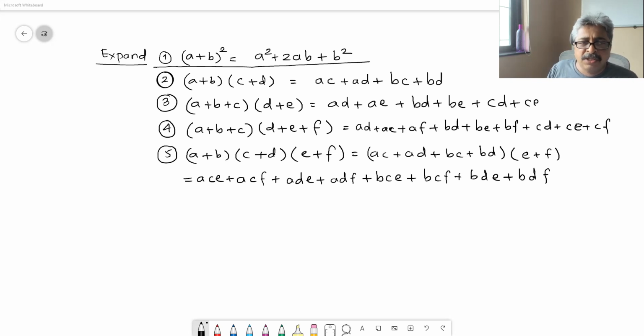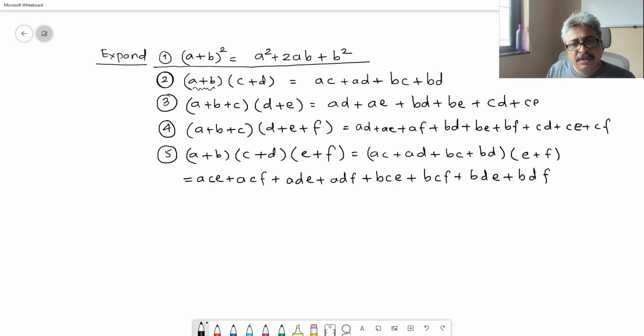Every term consists of one term from the first bracket and one term from the second bracket. These are our observations. In the second example, it is not happening that we end up having term AB, both the terms from the same bracket, not available.